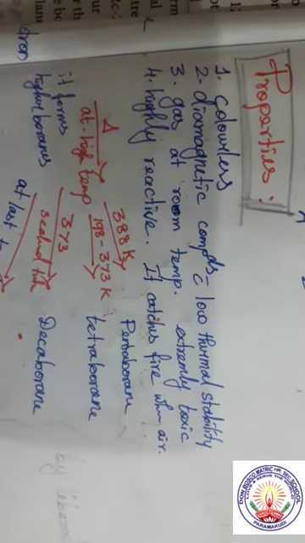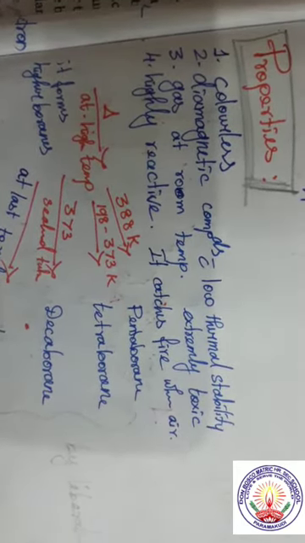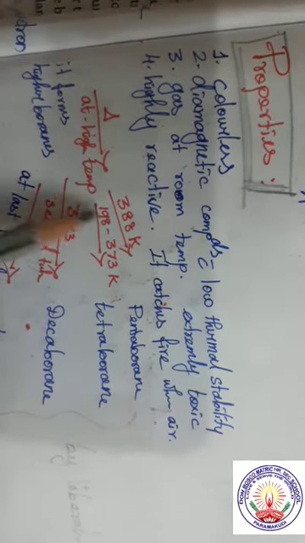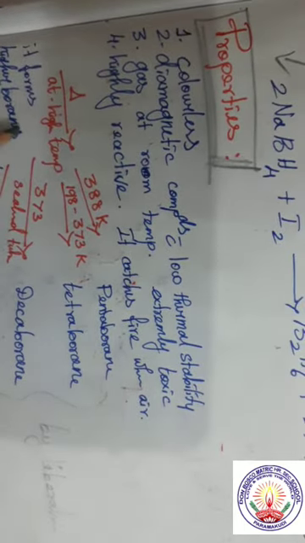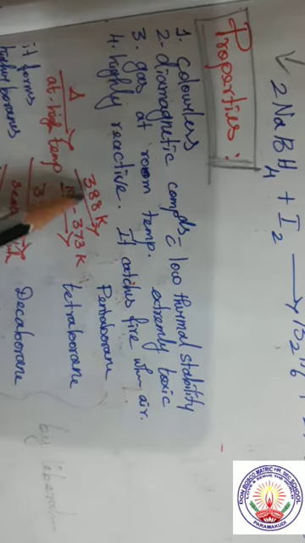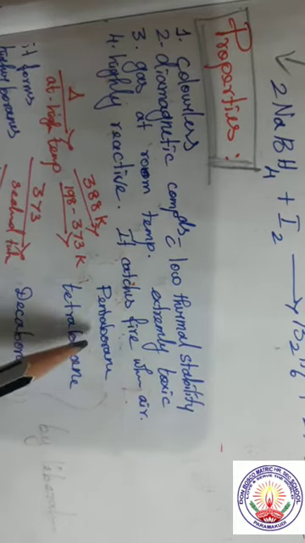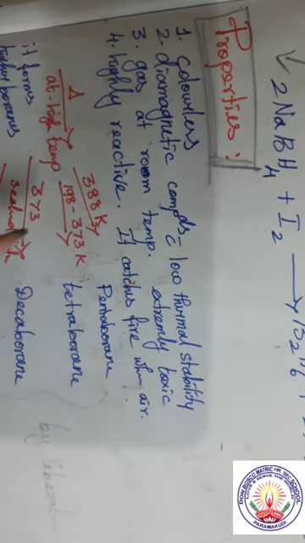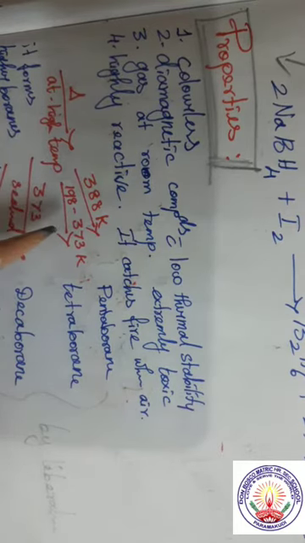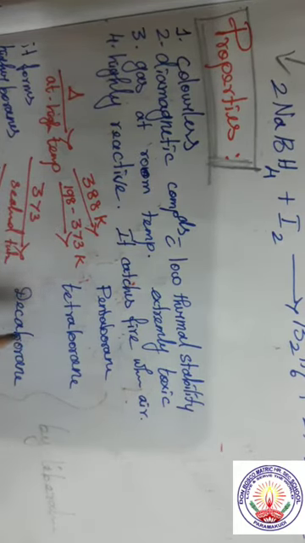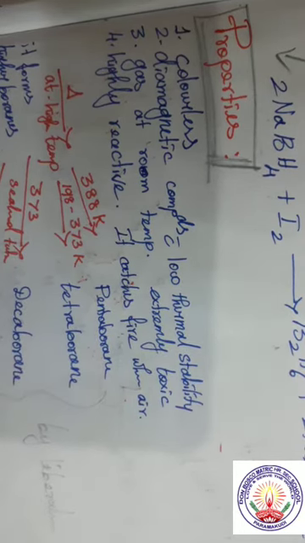Next, it forms higher boranes at different temperatures. For example, at 388 Kelvin, we are getting pentaborane, and at 198 to 373 we are getting tetraborane.